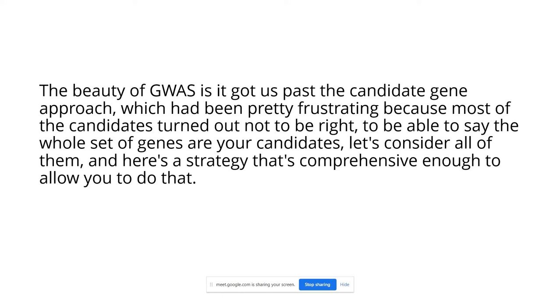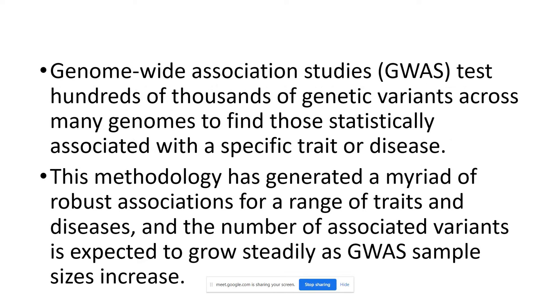It is sometimes difficult and frustrating when we have a lot of things and want to identify the candidate genes. So we need a comprehensive method to study the traits.